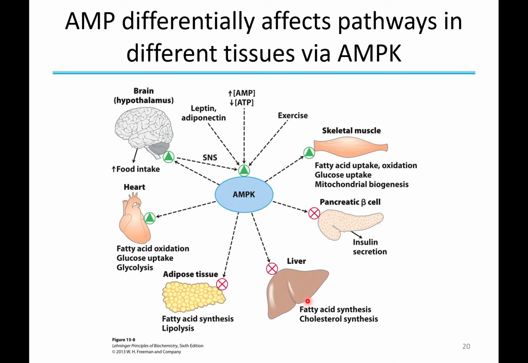Right. AMP differently affects pathways in different tissues via something known as AMP-dependent kinase. Okay, so if you have an increase in AMP concentrations, this in the brain might signal something that wants you to eat, makes you hungry to intake food.